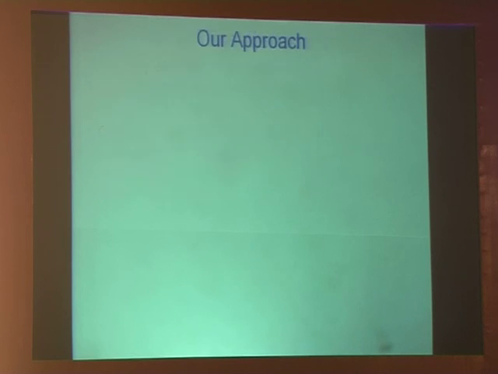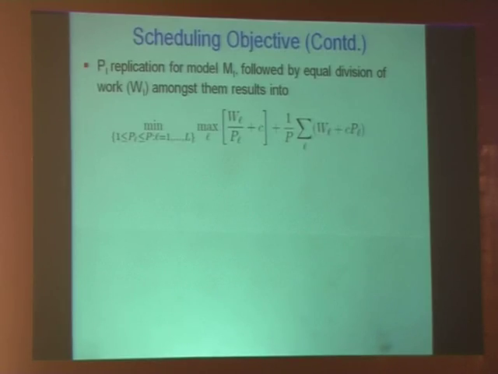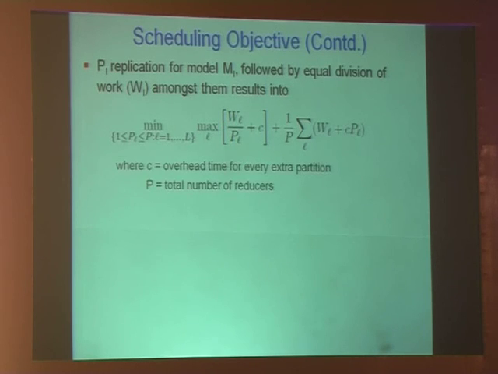Okay, I'll tell you briefly what we did. We formulated an objective function. As the slides will be shared, you can go through how this was derived. Once we had this objective function, we tried to optimize it.